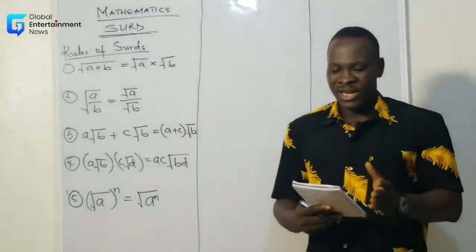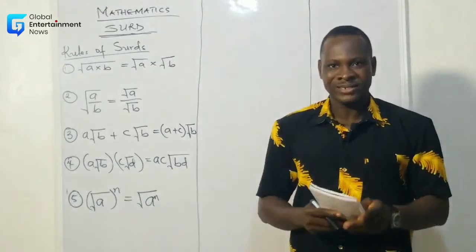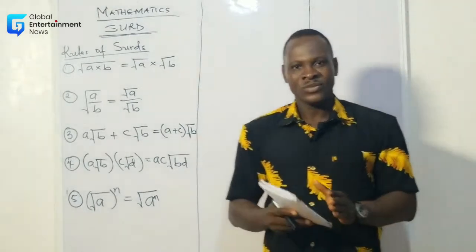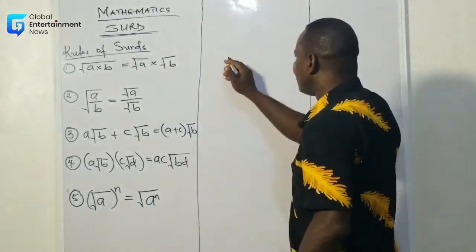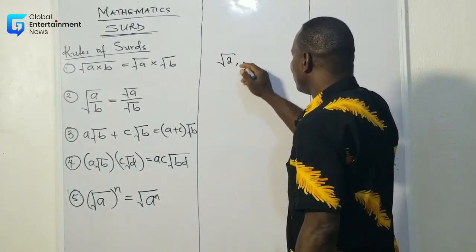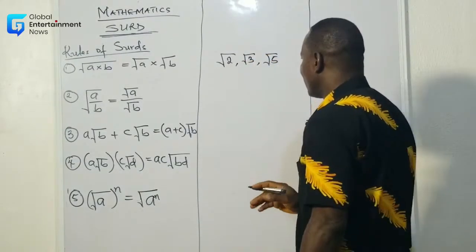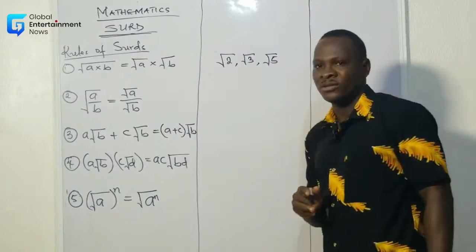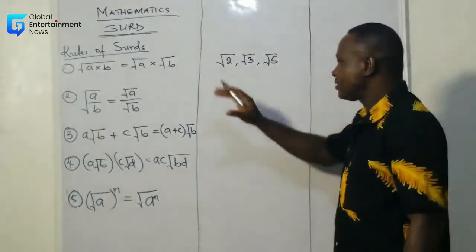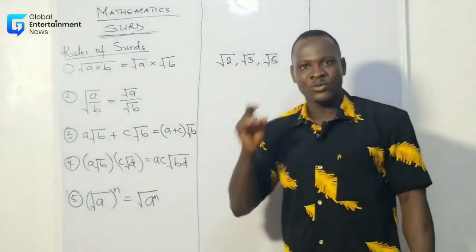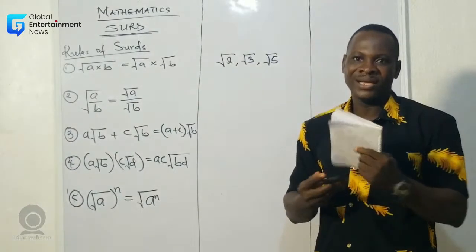Examples of surds are square root of 2, square root of 3, square root of 5. If we try to simplify these numbers further, we are going to get decimal numbers.